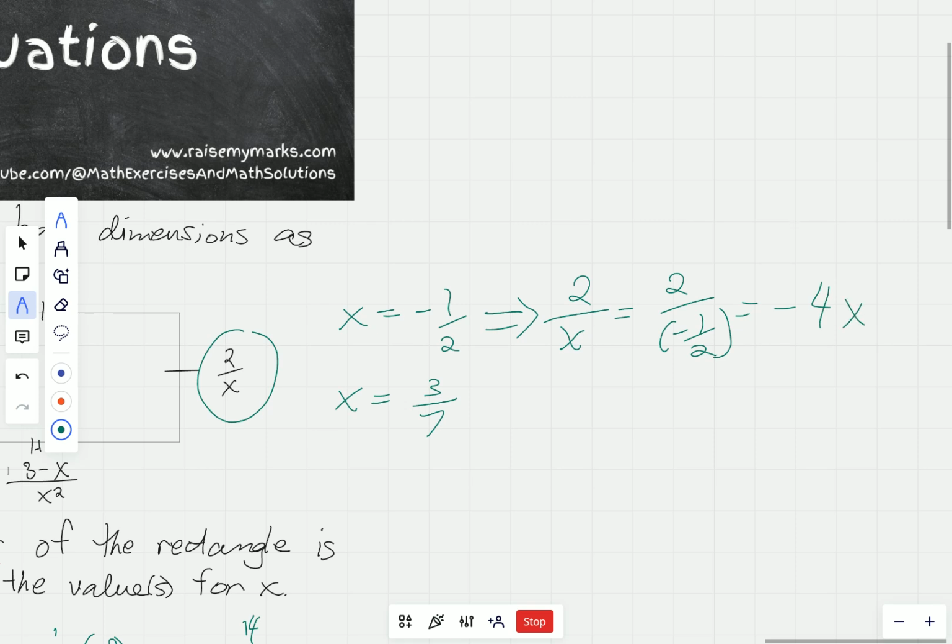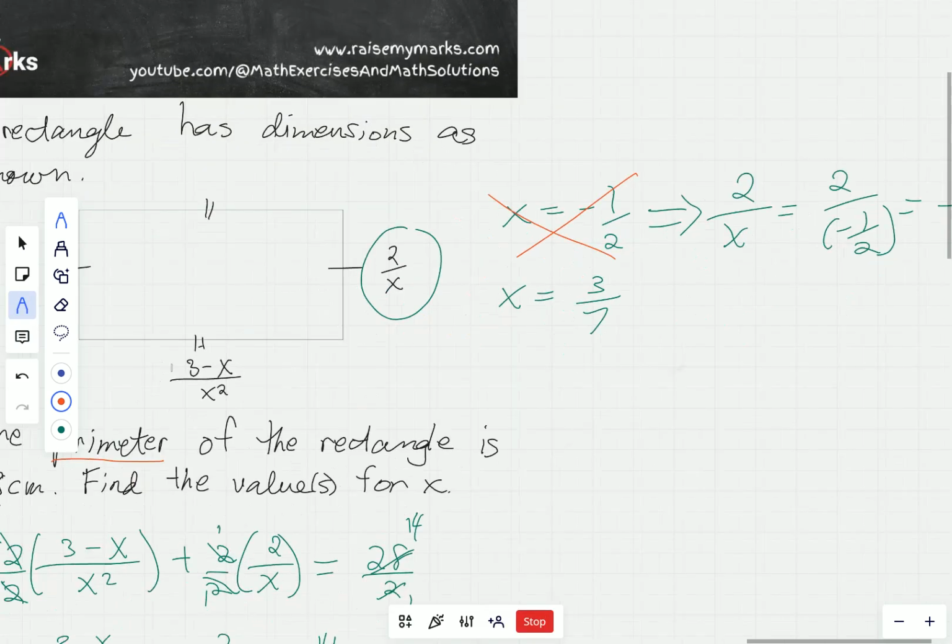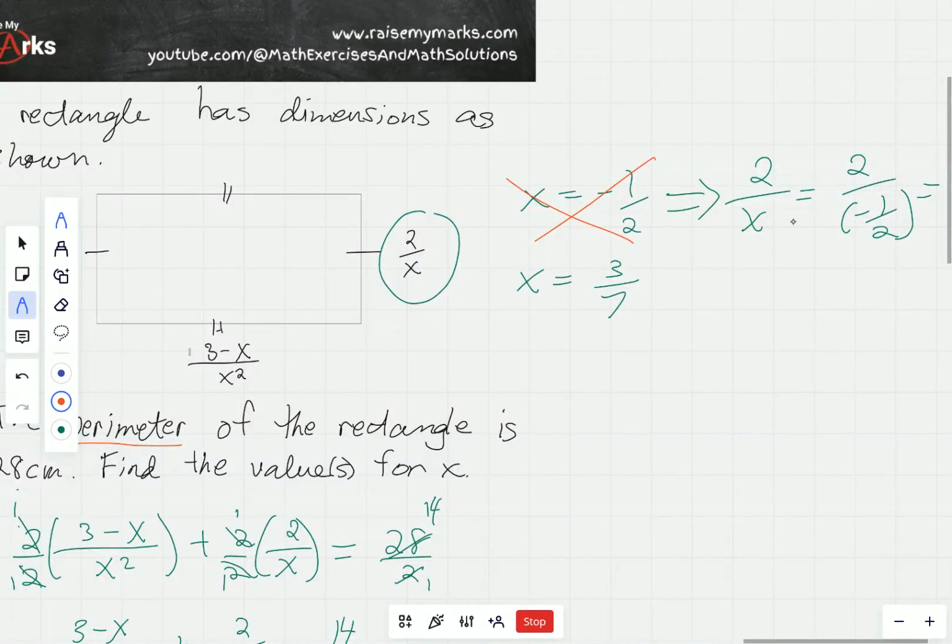This is not possible. We cannot have a width or any sort of dimensional measurement that's a negative value. So let's put an x through it: x equaling negative 1/2 is not a possible value. Now let's try x equals 3 over 7. That will work for the width because that's a positive number.